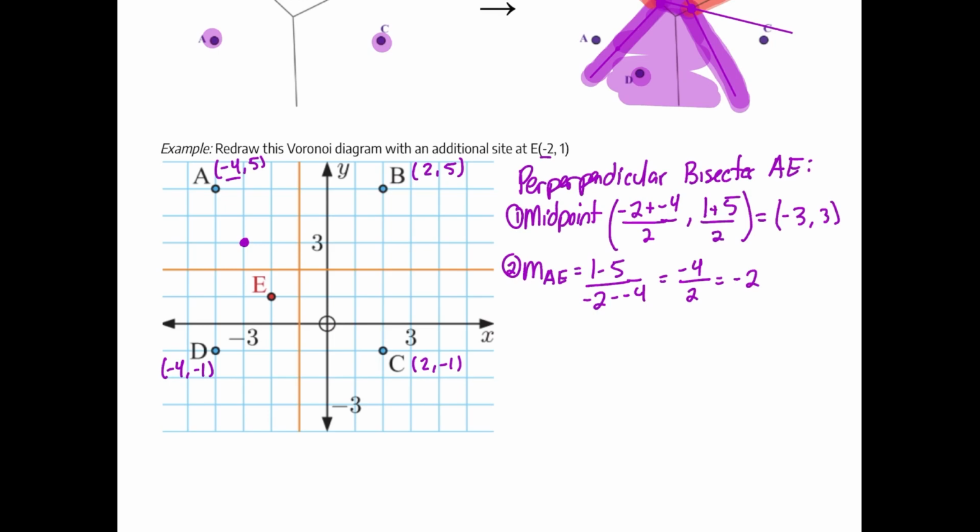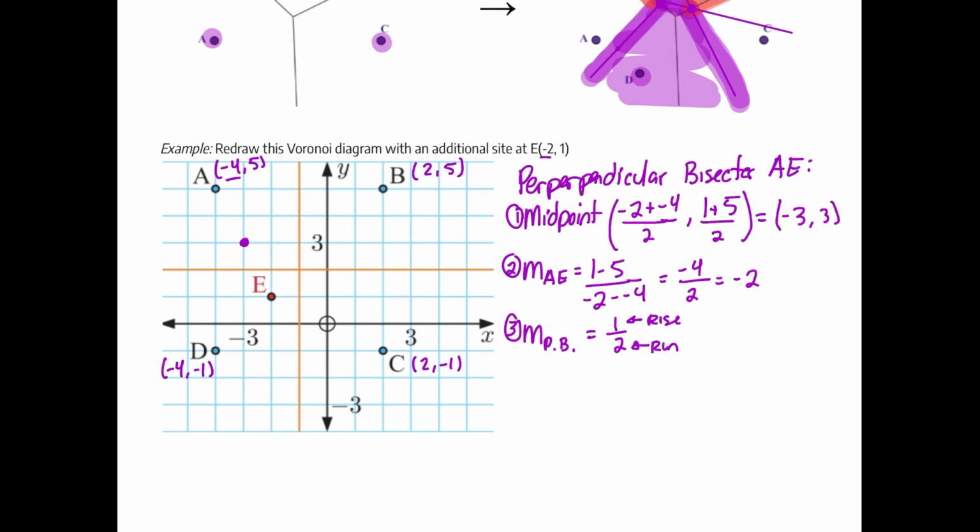That means connecting A and E, we have a -2 slope. If we want the slope of the perpendicular bisector, we're going to have to do the negative reciprocal. So the slope is going to be +1/2. This indicates that we're going to be rising 1 and running 2.